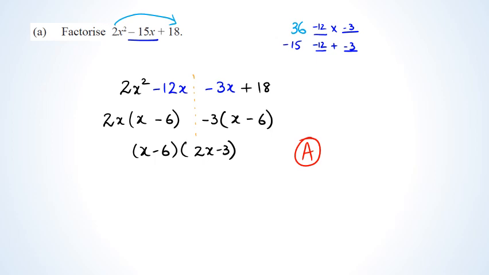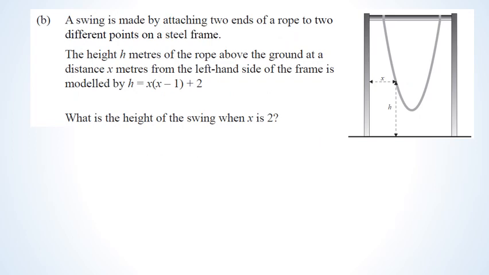Go, off to the next question. So in this question, we've got a swing, and we've been given that h is actually the height of the rope above the ground at a distance x meters from the left-hand side. So obviously this is your left-hand side here of the frame. It's modeled by this particular equation. They're asking you what's the height of the swing when x equals 2.